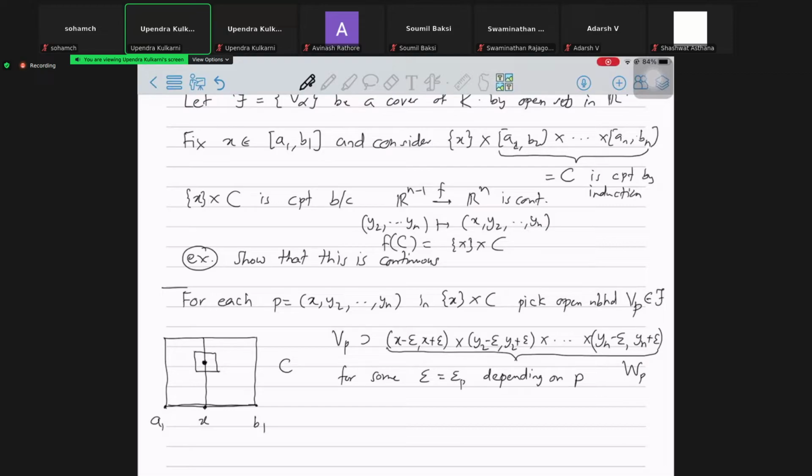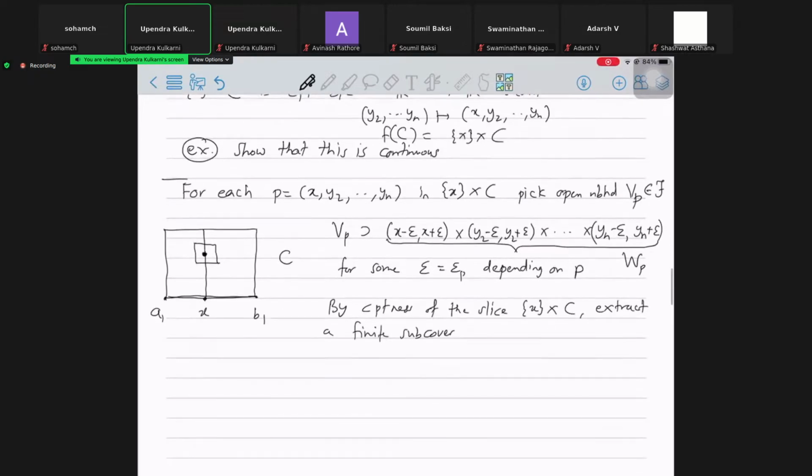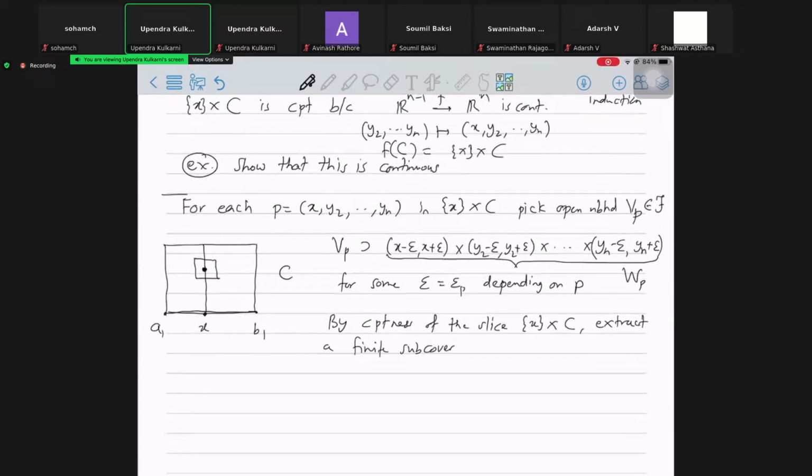Therefore, by compactness of the slice X cross C, extract a finite subcover by W's. So what is this going to be? Some W1, W2, etc. So I'm going to write this W_P1 union W_P2 to W_PK. I shouldn't use N, so let's say K.